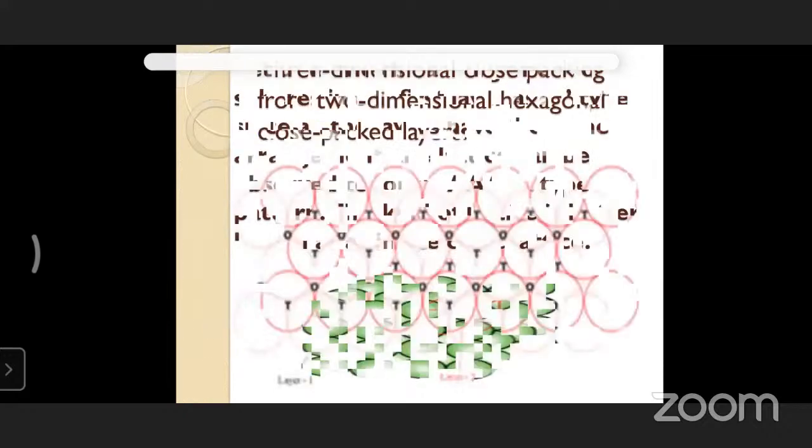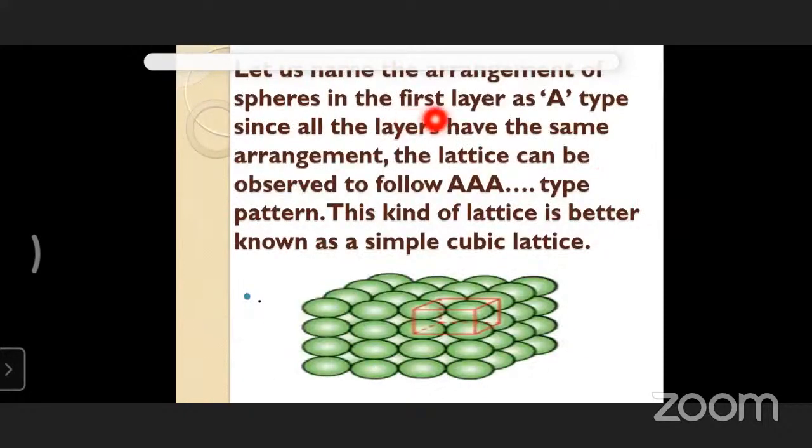Let us name the arrangement of spheres in the first layer as A type, since all the layers have the same arrangement. In one dimension, every atom is side by side with another atom.